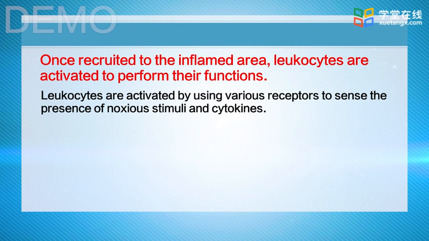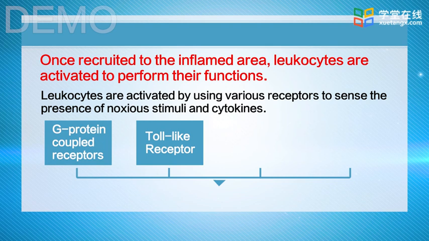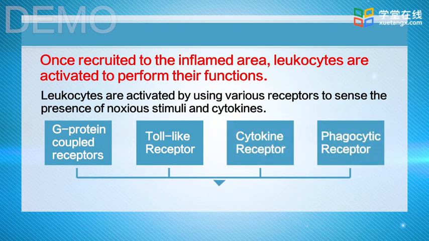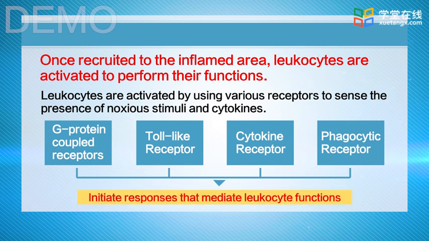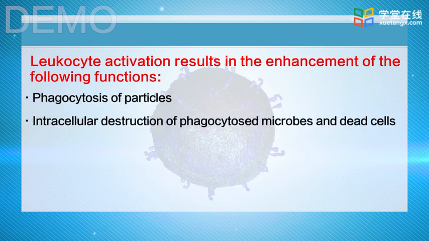For instance, G-protein coupled receptors, toll-like receptor, cytokine receptor, or phagocytic receptor may recognize different stimuli to initiate cellular responses that mediate leukocyte functions.